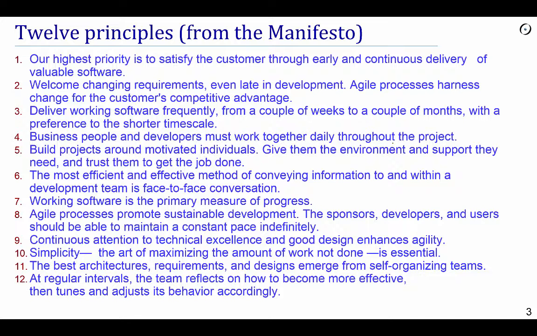There are several ideas here. The need to satisfy the customer, so the prime role of business representatives, of people who are going to use the system in the end, and the emphasis on early and continuous delivery of valuable software that doesn't just run but does something useful.